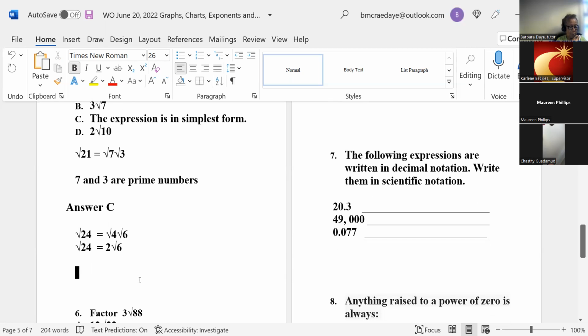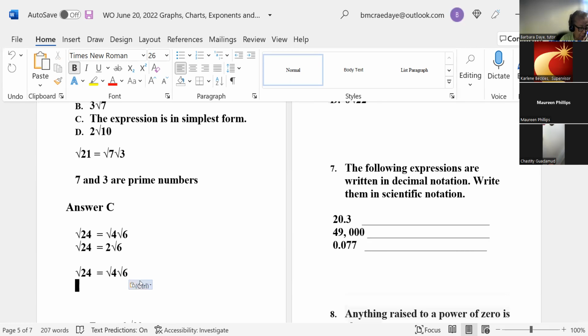All right. Now, what if you had, let me give you another one, square root of 37, and I gave you choices, and one was in its simplest form. Which one would you select, Maureen? It's multiple choice, and one of the choices is in its simplest form.